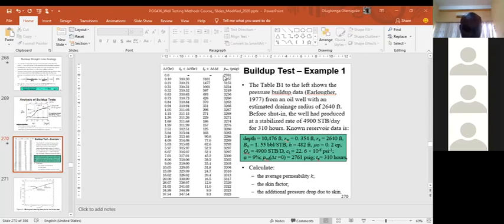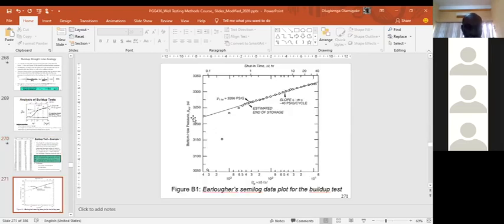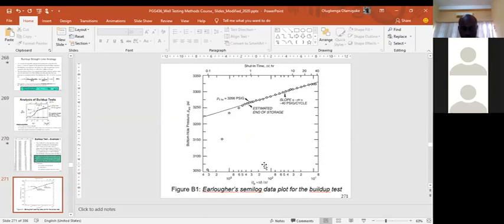So this is a typical question where you are expected to calculate average permeability, skin factor, and additional pressure due to skin. The very first thing is to plot the points on a semi-log graph. Note, this is the log scale. It's just that in this plot, the grid lines are not showing.